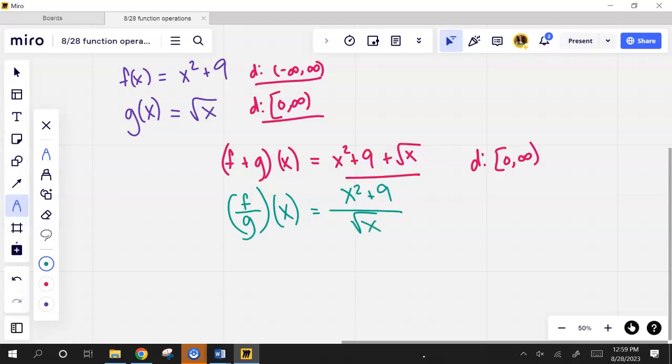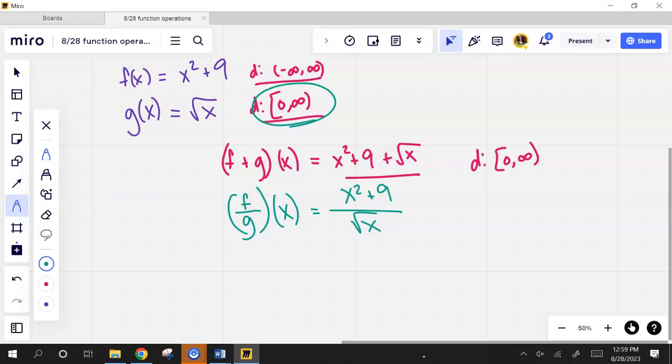How is the domain of this one different than the domain of the one above it? You can't simplify this one. You're dividing, so what's the difference here? Domain-wise. I already know that x is bigger than 0.